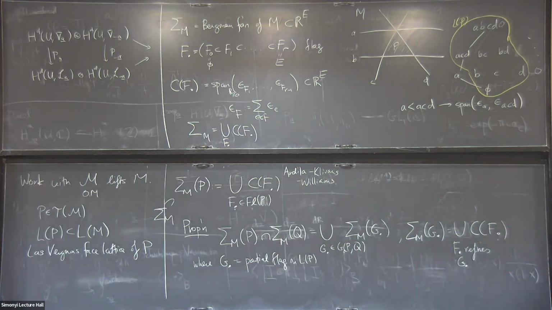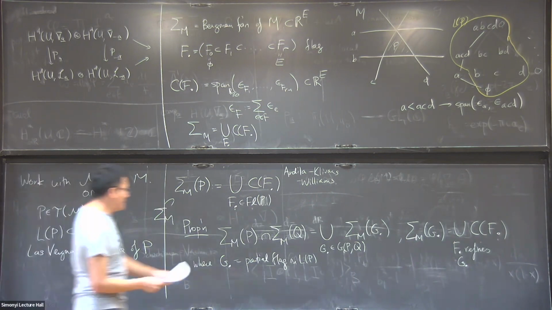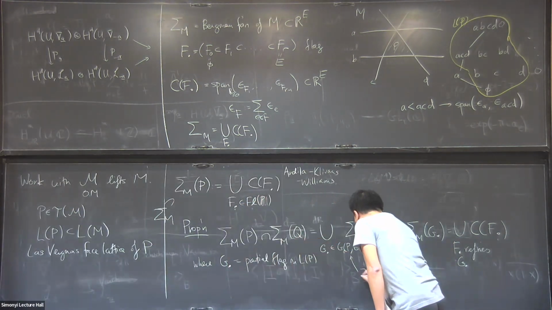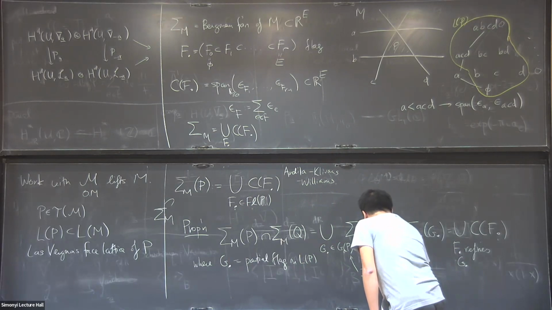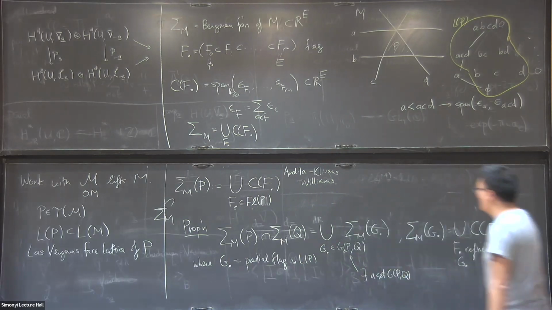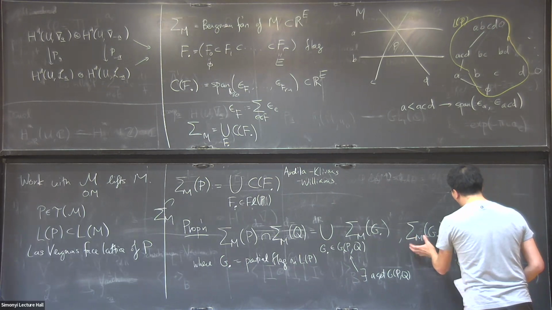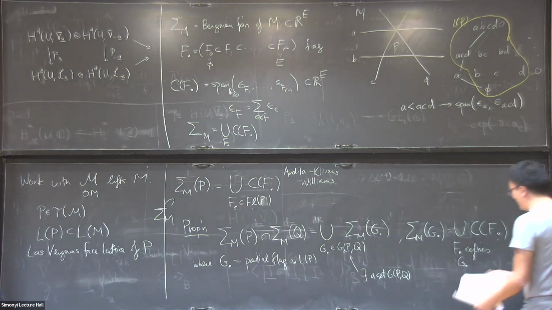What is GPQ? I'm asserting that there exists a set GPQ such that this is true, and also that these pieces basically have no maximal cones in common.